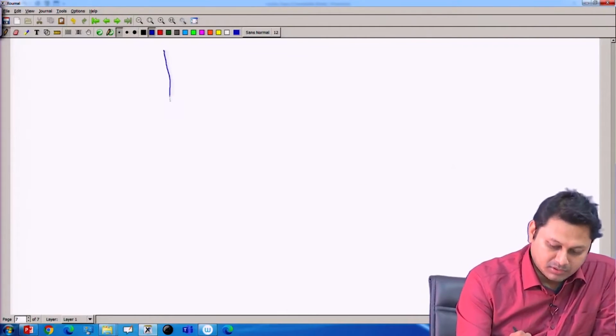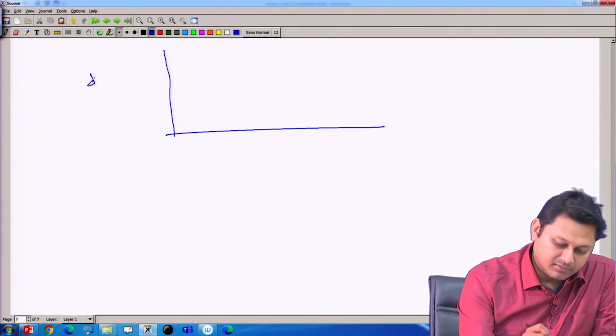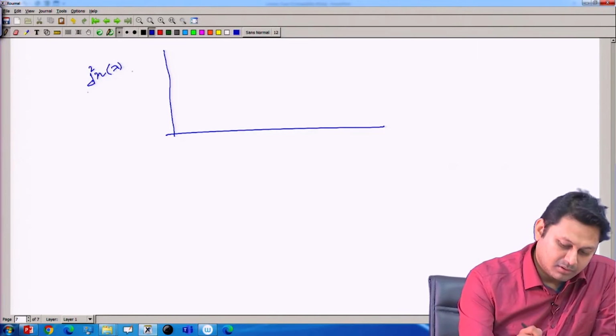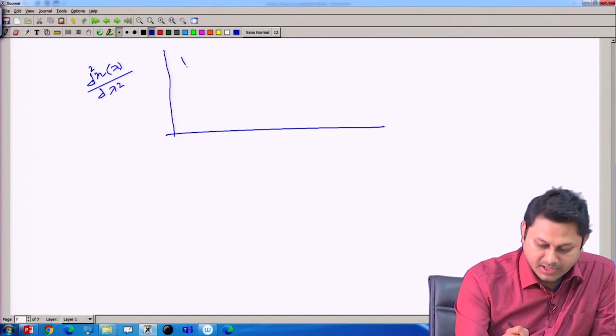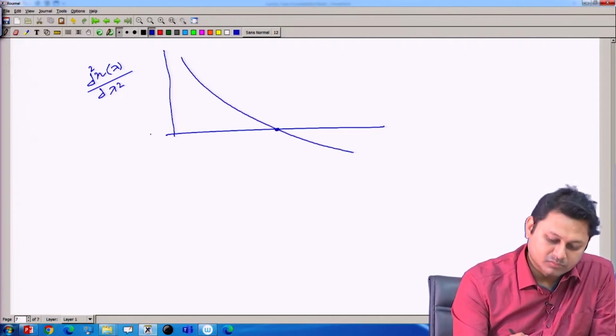So, if I now plot d2n d lambda square, which is a function of lambda, at a certain wavelength there is a possibility that it cuts the 0 point. So, this is 0.